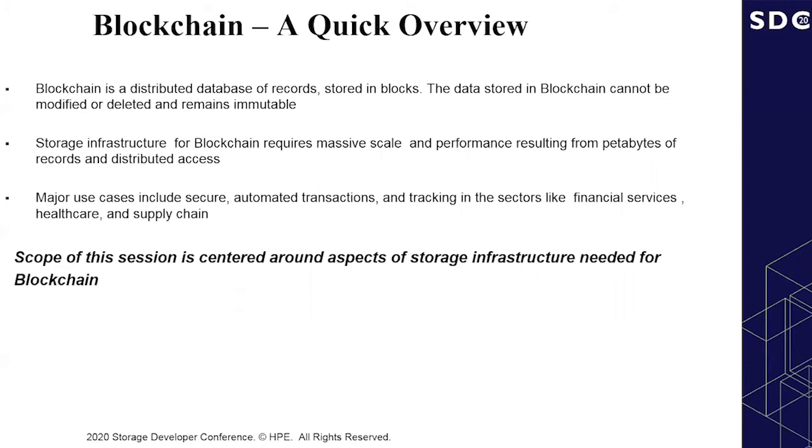The data stored in blockchain cannot be modified or deleted and remains immutable. The records stored on a blockchain can include information about people, transactions, contracts, or practically anything that can be described as data.